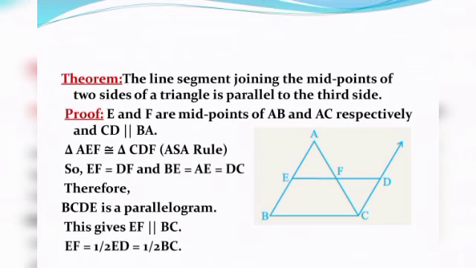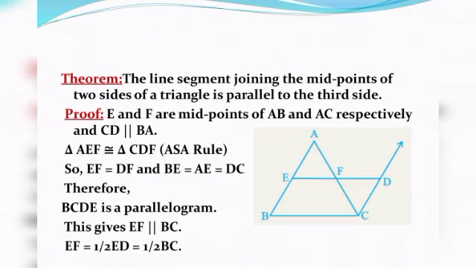To understand this concept, let's go for one more theorem. The line segment joining the midpoints of two sides of a triangle is parallel to the third side. We can prove this theorem using the following clues. Observe the figure in which E and F are midpoints of AB and AC respectively, and CD is parallel to BA.